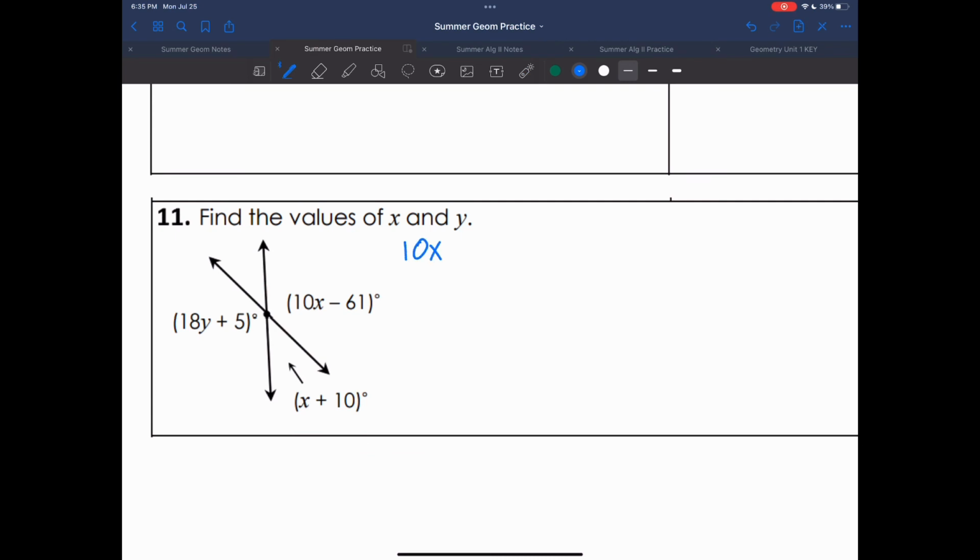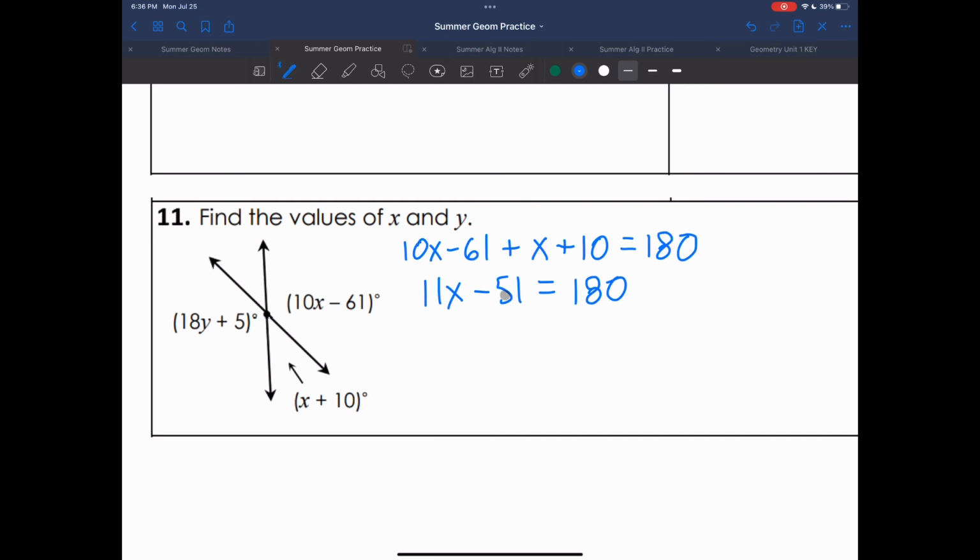Let's do 10x minus 61 plus x plus 10 and set that all equal to 180. Okay, and now we simplify. We've got 10x plus x to give me 11x, negative 61 plus 10 to give me negative 51, all equal to 180. And then that's a pretty simple equation to solve from there.